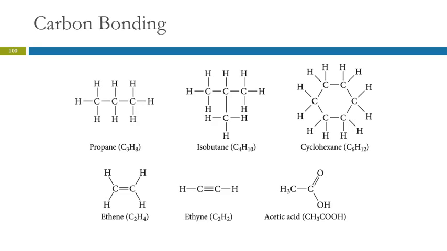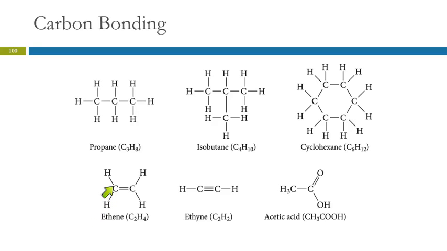So here's some examples of some organic compounds. Here we have propane. We've got 3 carbons bonded together, and then the hydrogens are filling in around. Carbon always wants to have 4 bonds. It could be 4 single bonds, it could be 2 double bonds, it could be 2 single bonds and a double bond, whatever adds up to 4.